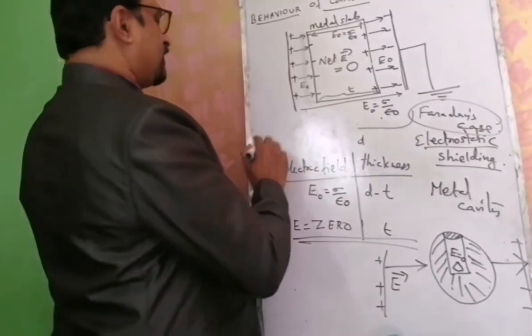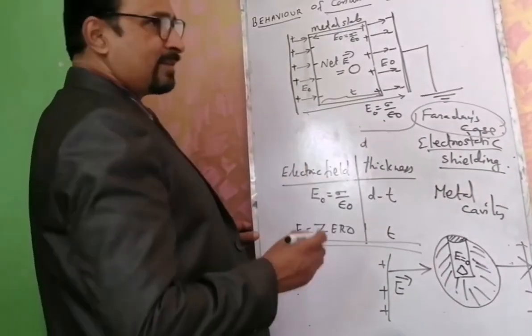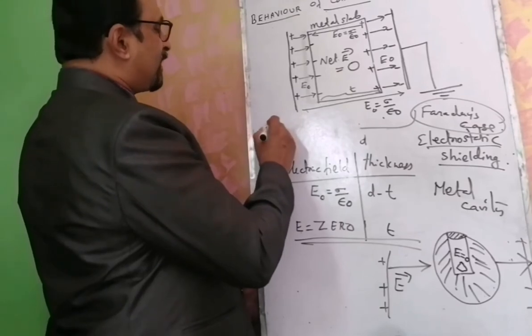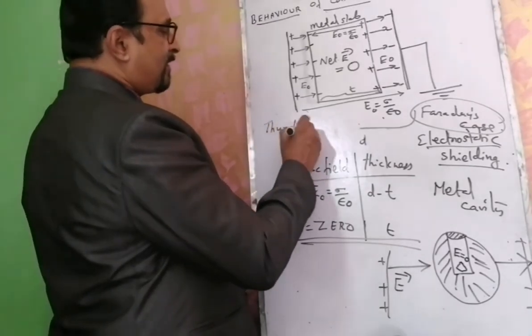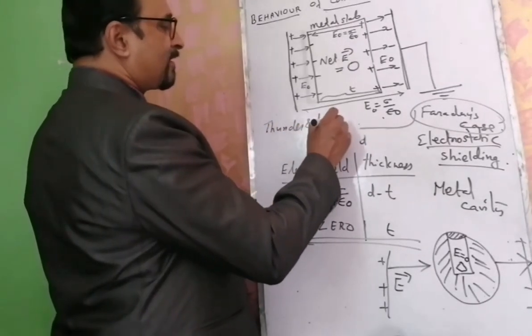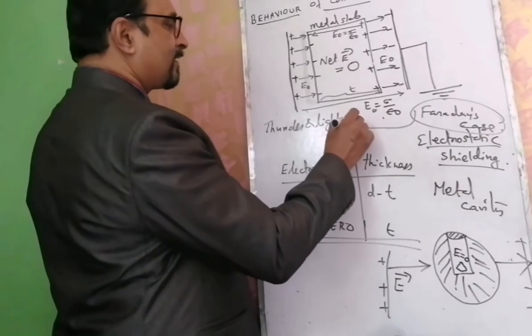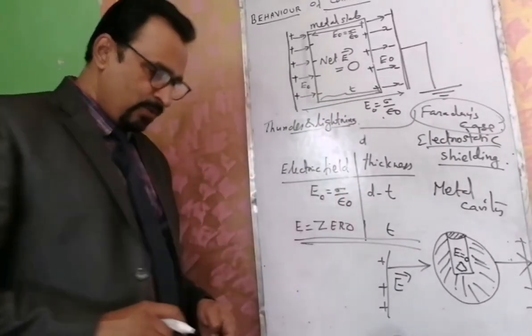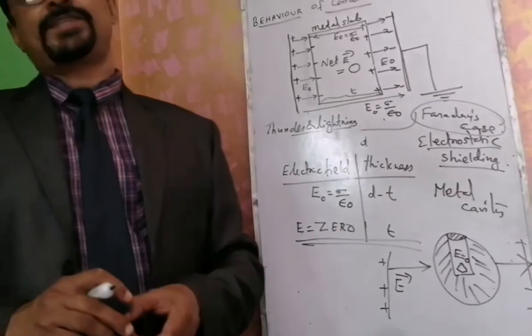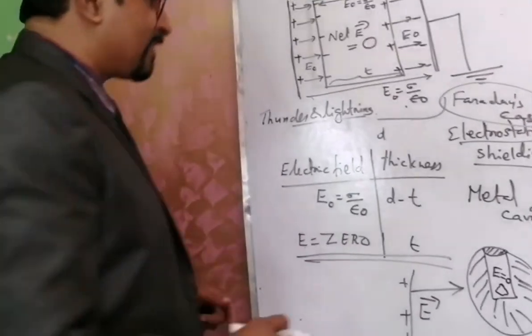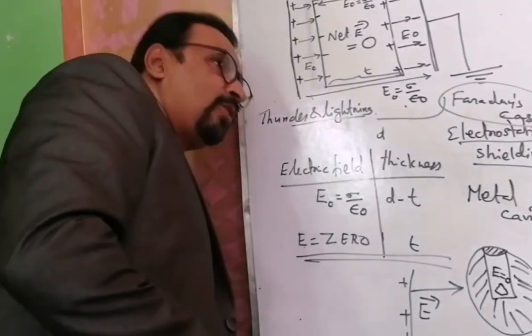Now one more question. Suppose you are going to a hill station and there is thunder and lightning and you are traveling in a car. Where do you have to seek shelter? Two options are given. One is below a tall tree.